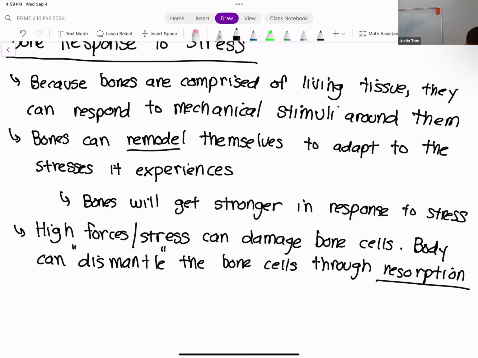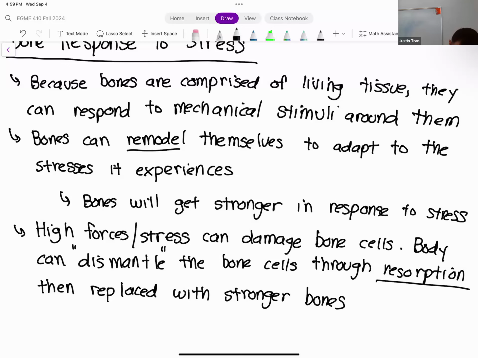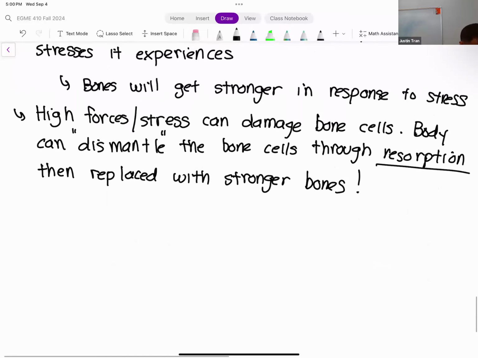Then your body takes those materials, the raw calcium, the raw collagen, and uses them to construct stronger bones to replace it. So this process of reabsorbing the weaker, damaged bone cells and replacing them with new ones is known as bone remodeling.